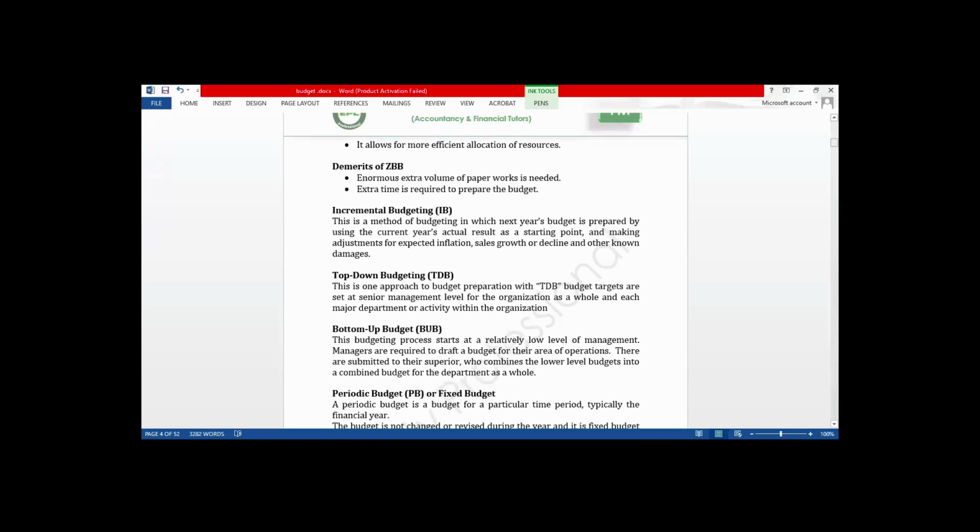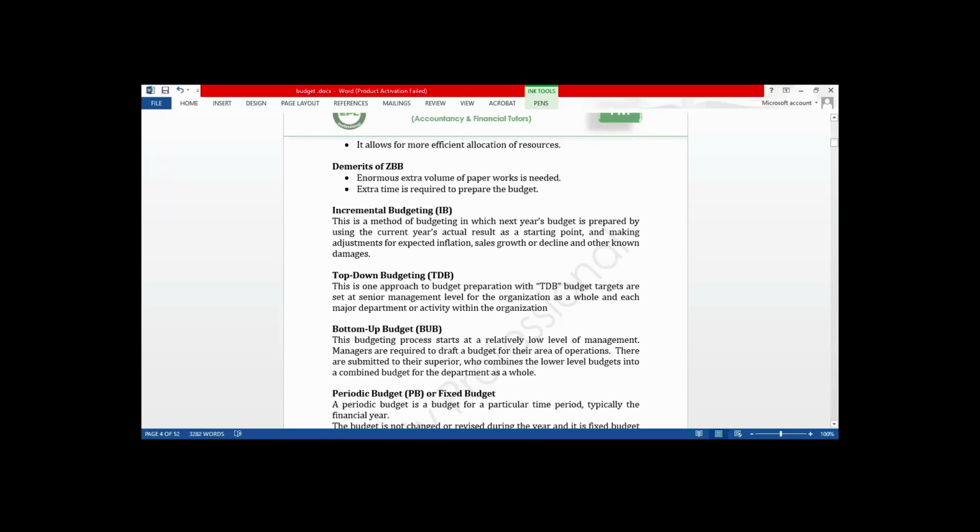Alternatively, if your cash budget shows that you are likely to have cash deficits in May, it is the duty of the company's management to determine how to finance the cash deficits. So please note this.